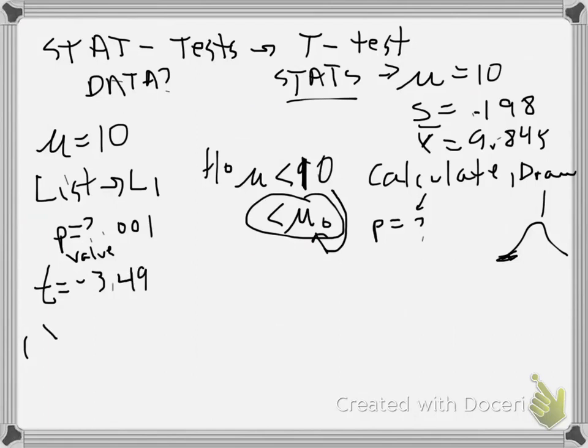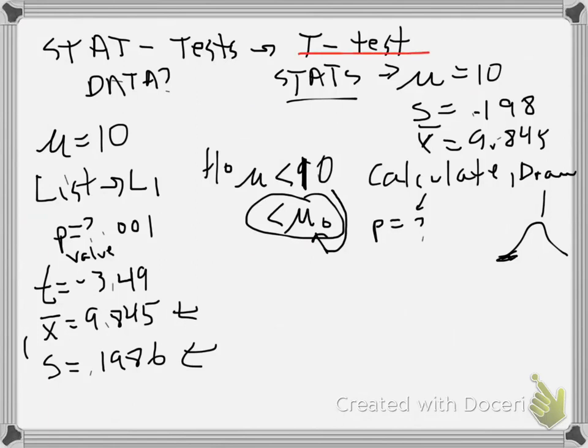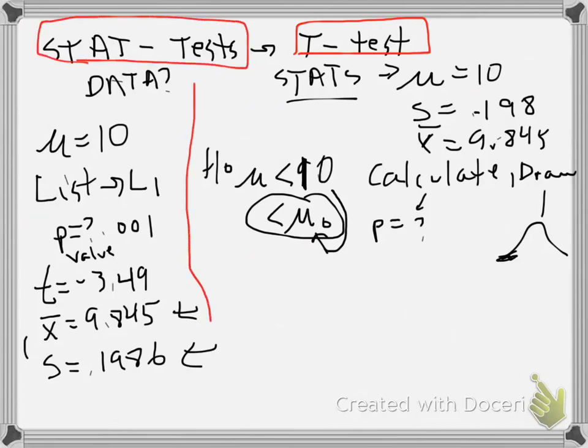It gave us x bar, which is 9.845, and a standard deviation, which is 0.1986. It gives these numbers, which we calculated by hand. It does it all. So for time's sake, you may want to use the stat tests, because especially if you have all the data in, it does everything for you, even drawing it, because you can do a draw and you can do the calculate.